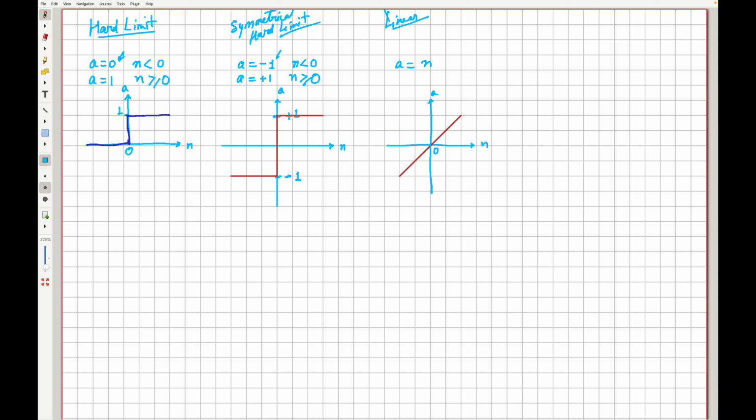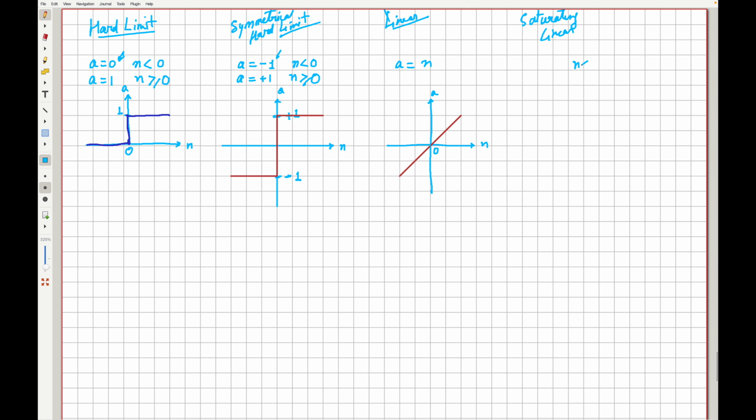Next transfer function is saturating linear. So let's try to write that here, saturating linear. And in this case, rather than having a is equal to n for any range of values of n, here we put a limit to that.